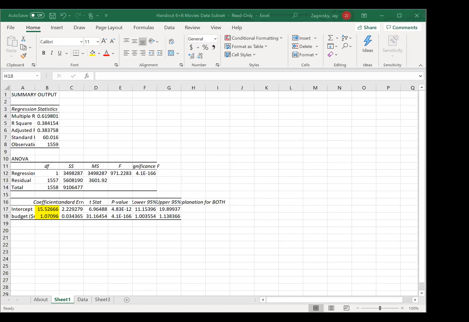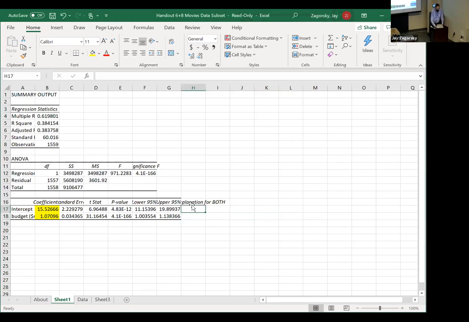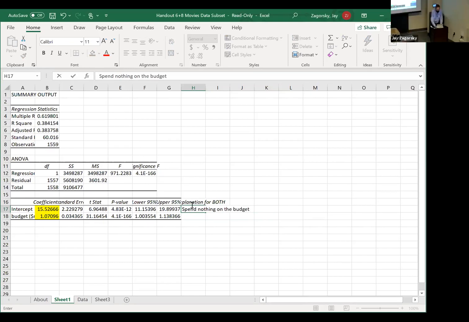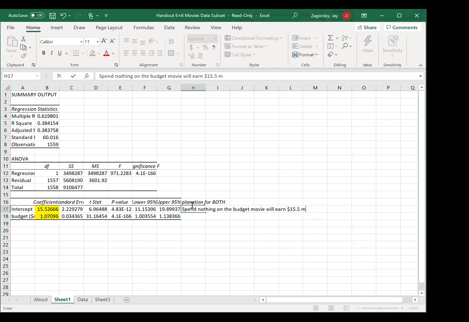Yeah, sure. So the intercept tells us that if they were to spend nothing on the budget, then the movie will earn 15.5 million. $15.5 million.